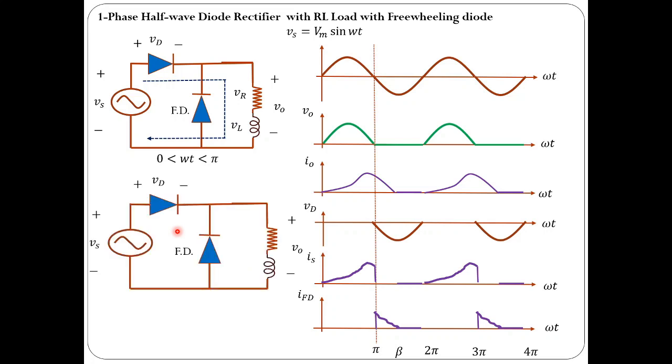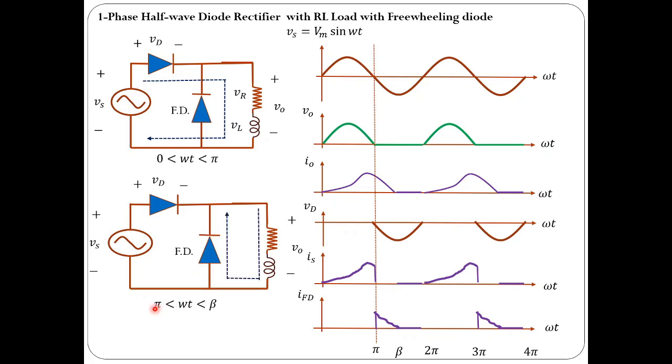During the negative half cycle, at the start, at omega t equal to pi, what would happen? The load voltage would try to become negative, due to which this freewheeling diode would be forward biased and start conducting. The current through the load, which is also the same as the current through the inductor, would take this path.